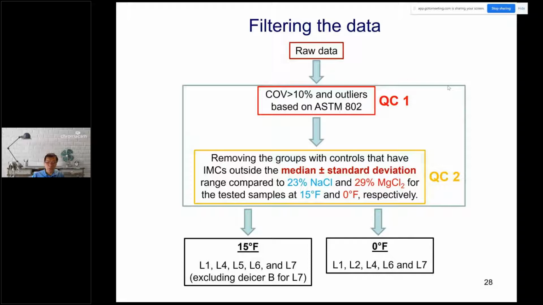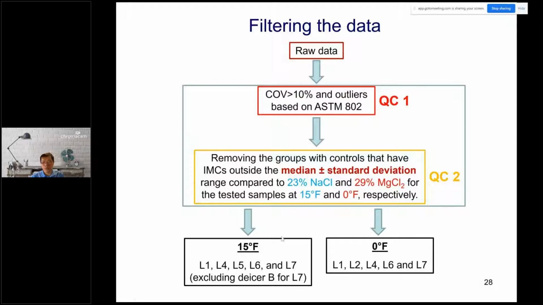So we use the total data set to get to a median, which is very close to the actual mean. So that's a way we use the median plus or minus 1 standard deviation. Sorry, actually there's a typo here. It should be 2 standard deviations. Anything outside of that range we consider as erroneous, so those data points were removed.